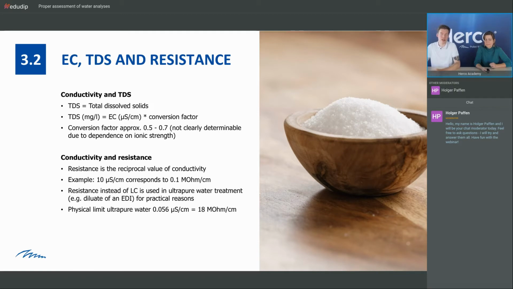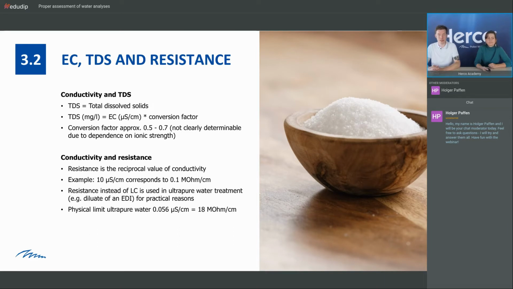In this value, we see below here 0.056 to 0.1 microsiemens per centimeter. It's not a really good scale to compare if it is performing well. So we decided to use the megohm value so we can really scale this down in good steps. Right, so when you look at the EDI plants at the diluate, you will have the resistance or resistivity measurement, right?